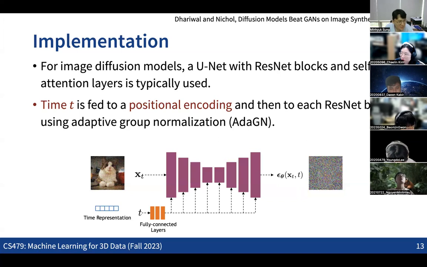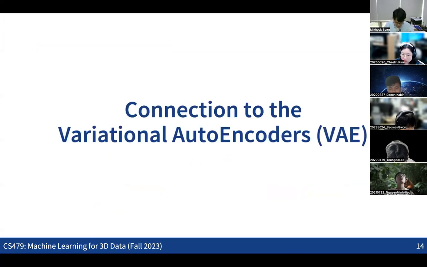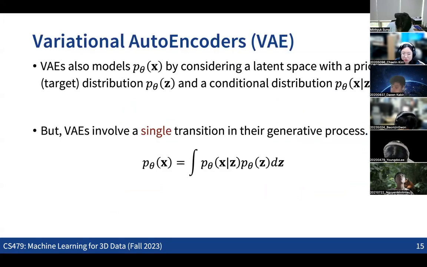We're going to first briefly see how this diffusion model is connected to the variational autoencoder, so VAE. I'm going to assume that all of you have some basic idea of the VAE, but just in case you are not familiar with it, let's briefly recap the idea of the VAE.